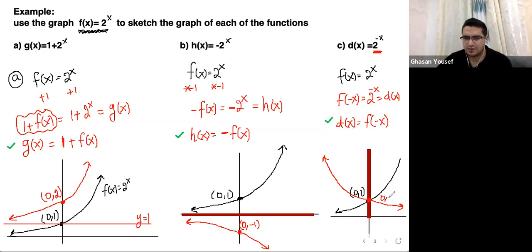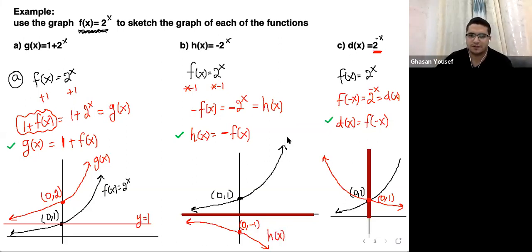Very important thing: you have to label the function you graph. The red one is h of x, and the black one is f of x.